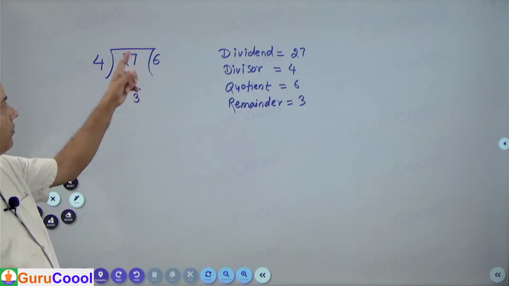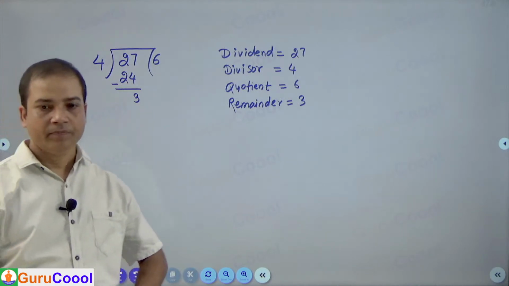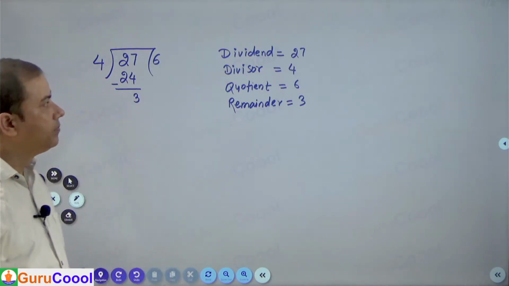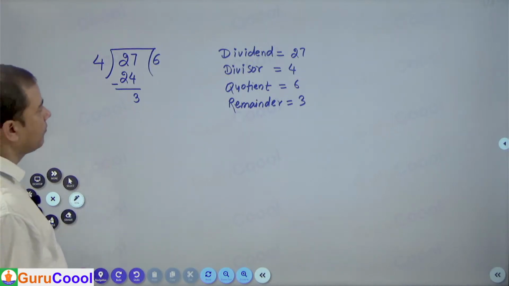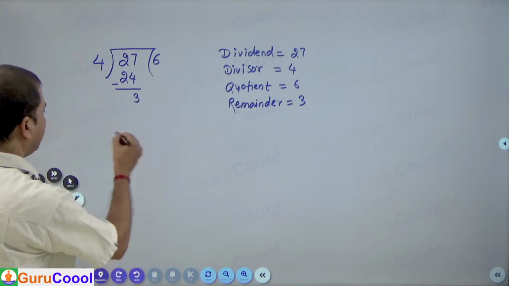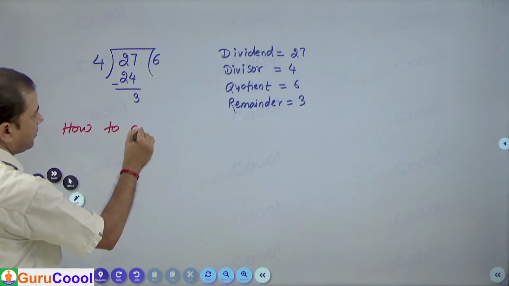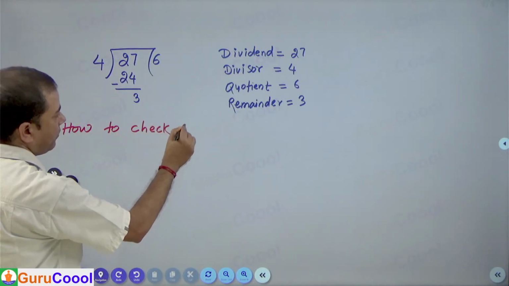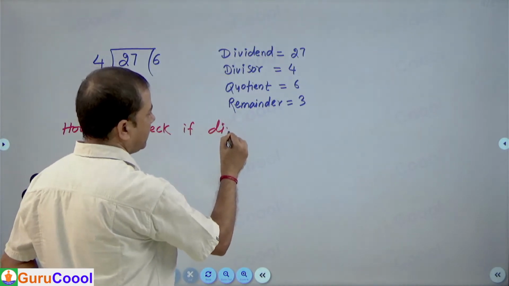How do you check if this is correctly done or wrongly done? Is there any method? Sir, we multiply divisor with the quotient, then add the remainder. If we get dividend, then it is okay. That's good. How to check if division is done correctly?